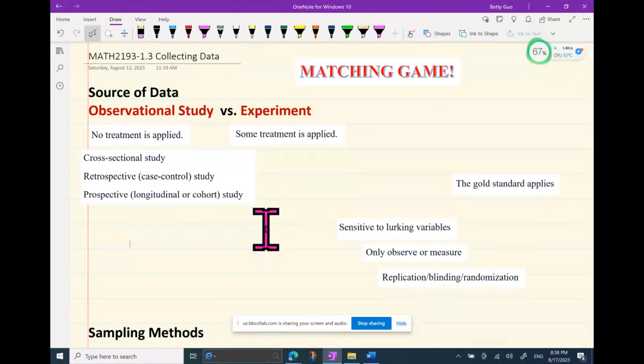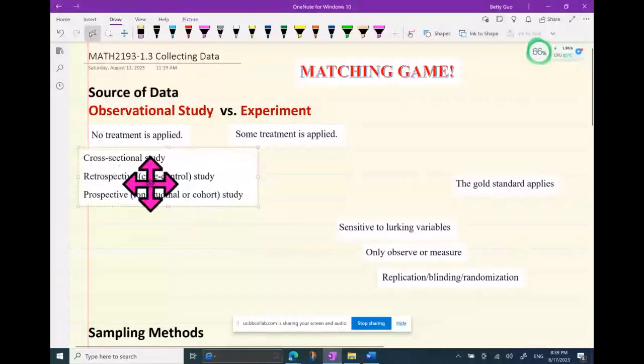Assume they only observe and interview. They do not interfere with their lives. That is observational, and that is a prospective study, because the data is collected from the future. All those three types of studies are observational studies.